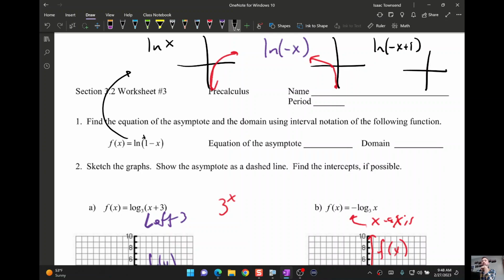But because we reflect it over the y-axis, it actually goes right 1. So his asymptote went from x equals 0, then right 1 makes it go to x equals 1. He approaches negative infinity on the left, and he approaches 1 on the right.